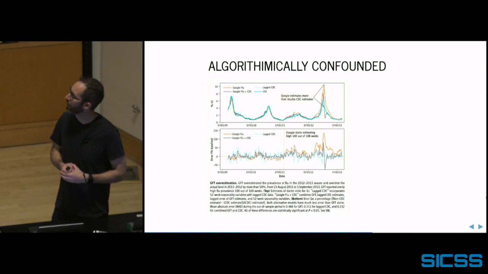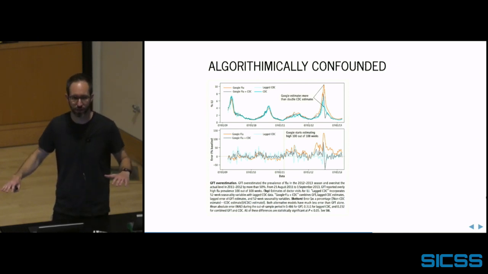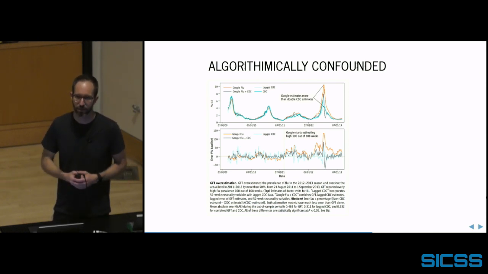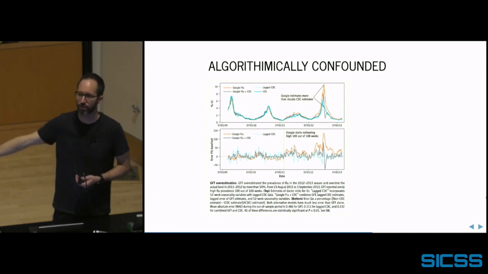And it turns out no. What created this spike was not some underlying shift in the spread of disease. This was a day when Google implemented a new type of advertising feature in which people who searched for symptoms of the common cold were then delivered advertisements that asked them questions like, do you have the flu, or recommended flu remedies.